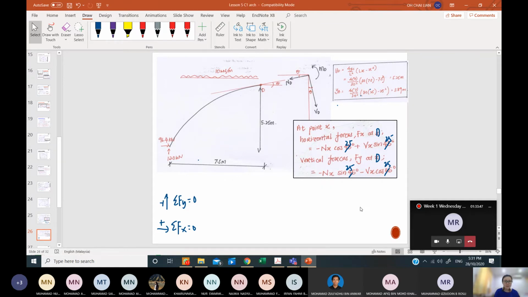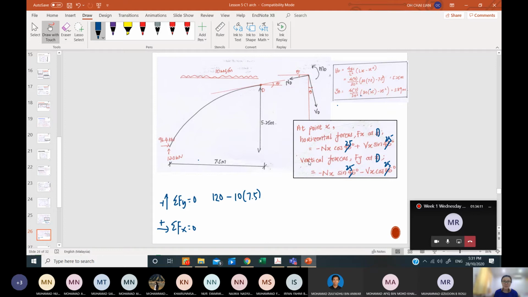So now, writing this, I will be referring to the systems here. Summation Fy: I have to consider the 120 kilonewton, which is upward positive, and minus the 10 times 7.5, which is the UDL, which acts down, so I put a negative there.